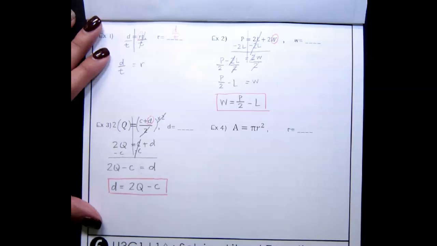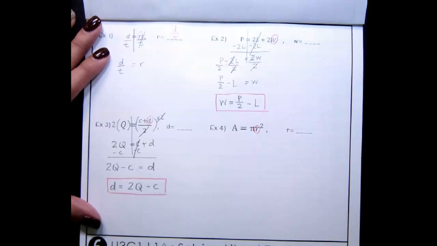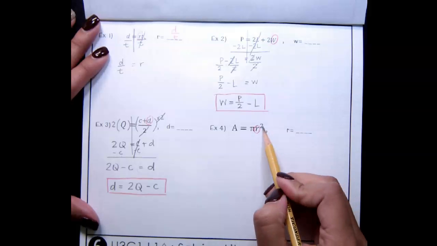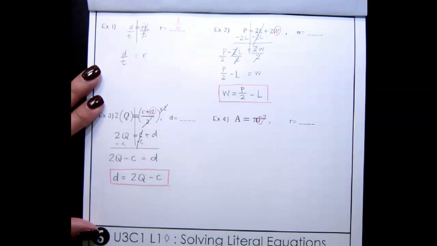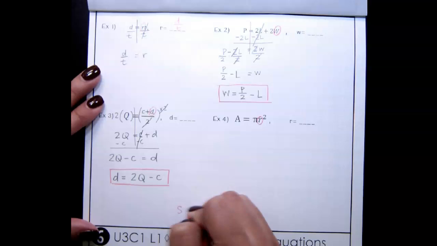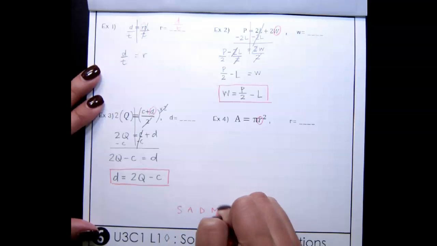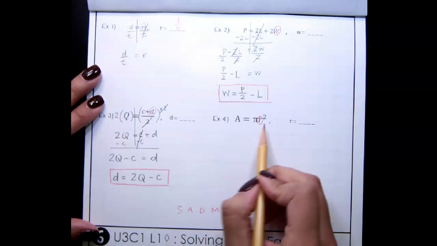And then the last one, we are solving for R. So this one may look a little trickier because you see an exponent. So if we do backwards PEMDAS, or reverse PEMDAS, right? I'm going to start with subtraction or addition.